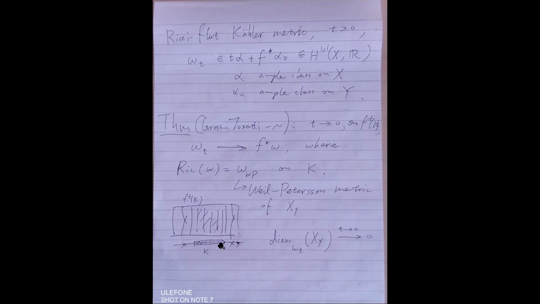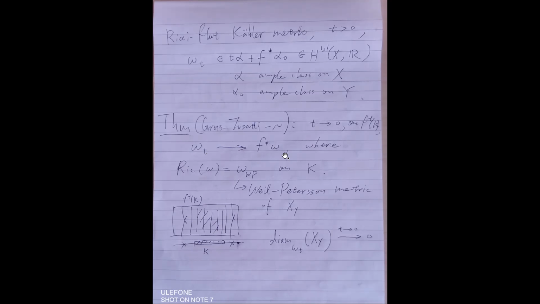We take a compact subset K over the regular part of this elliptic fibration, and we get this shaded area, so they basically cover the regular fiber.